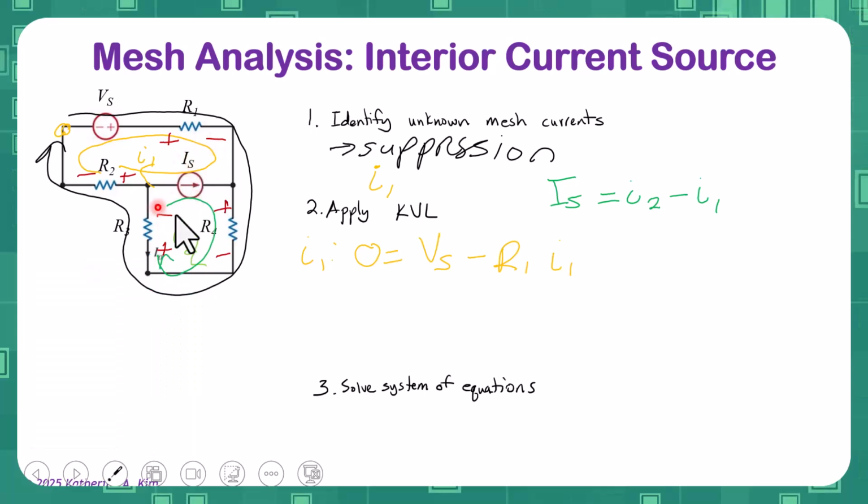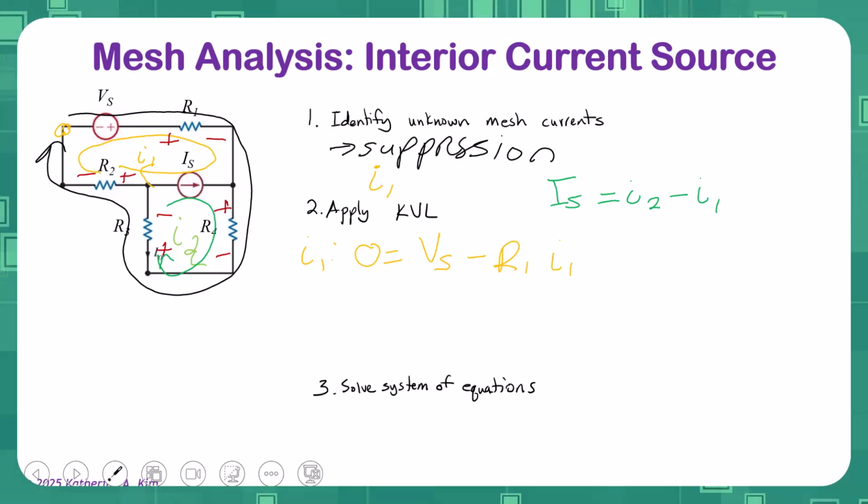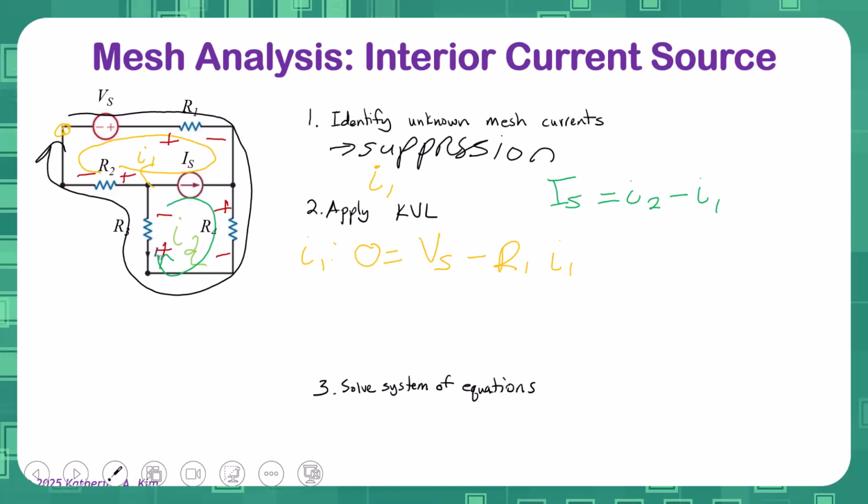We don't know the voltage drop over it, right? Because a current source is creating a constant current and it can provide any voltage. So we don't know what voltage is going to end up across that jump.